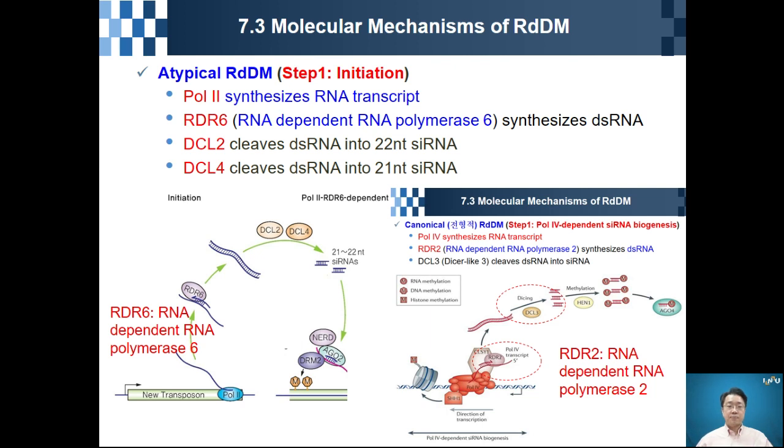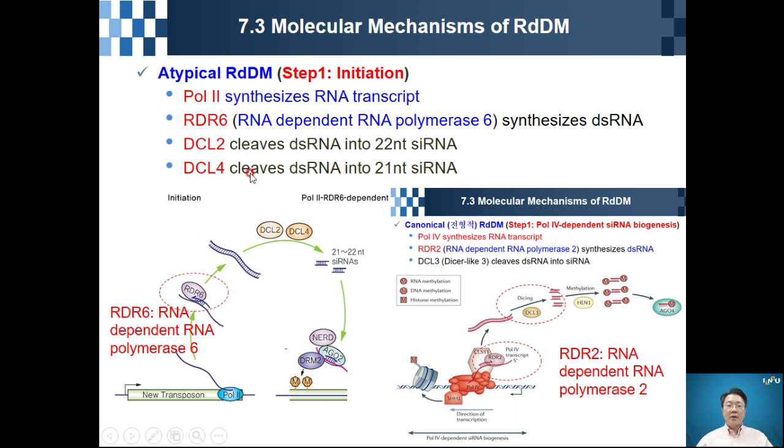How about here? In atypical RdDM, polymerase 2 synthesizes the RNA transcript. Previously in canonical RdDM, RDR2 makes the double-stranded RNA, but here RDR6 synthesizes the double-stranded RNA.